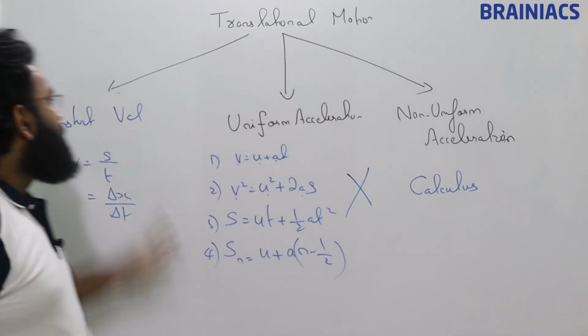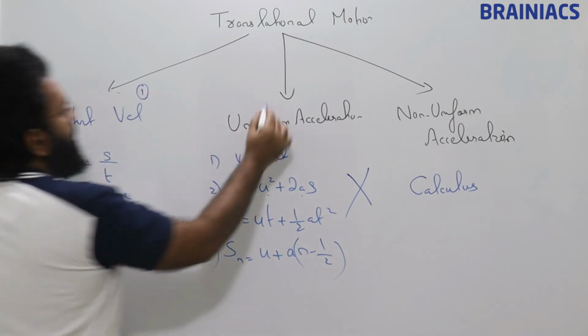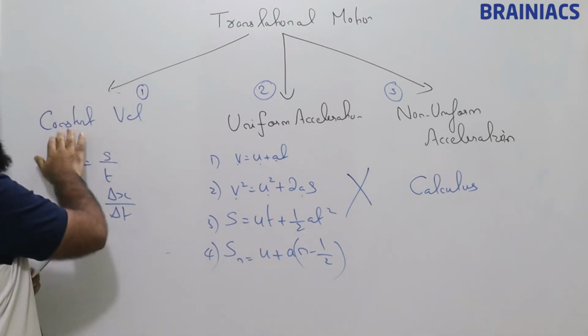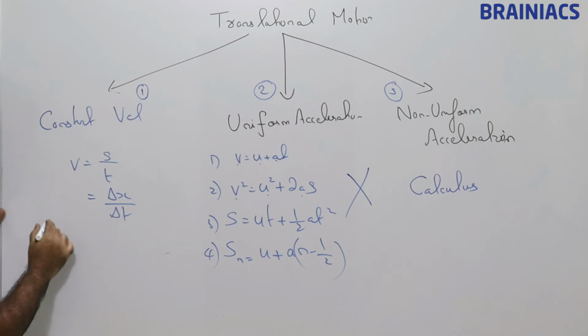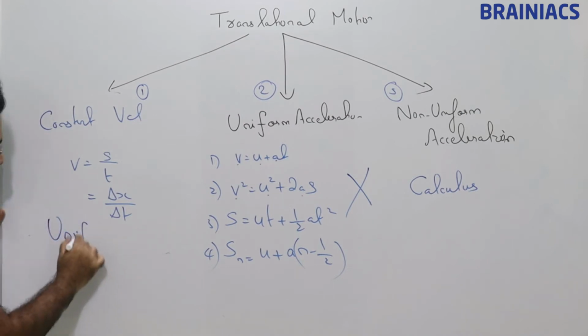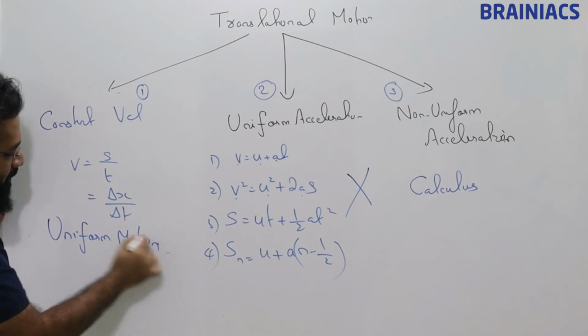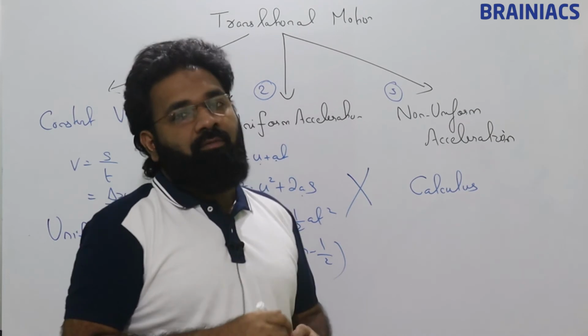Among these 3 types of motion, only this motion is constant velocity motion, or we can say uniform motion. Remaining all are non-uniform motion. Here velocity is changing.